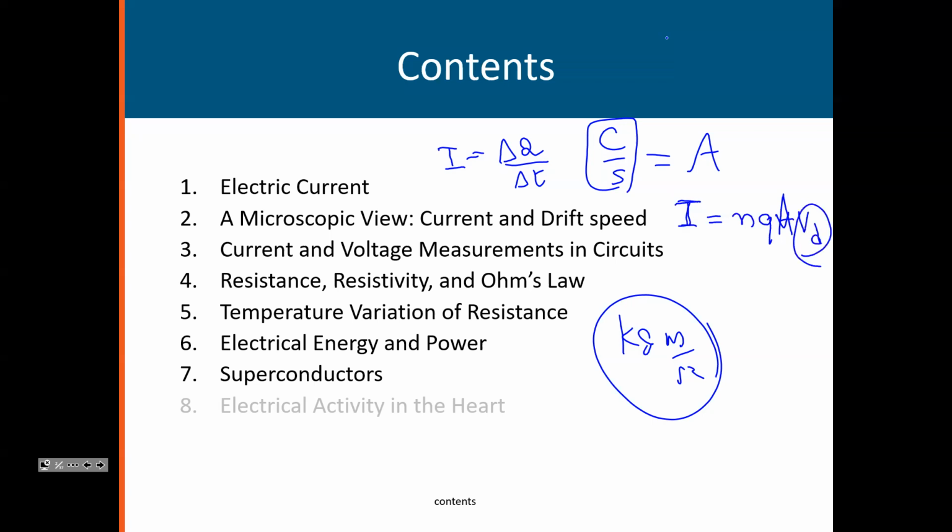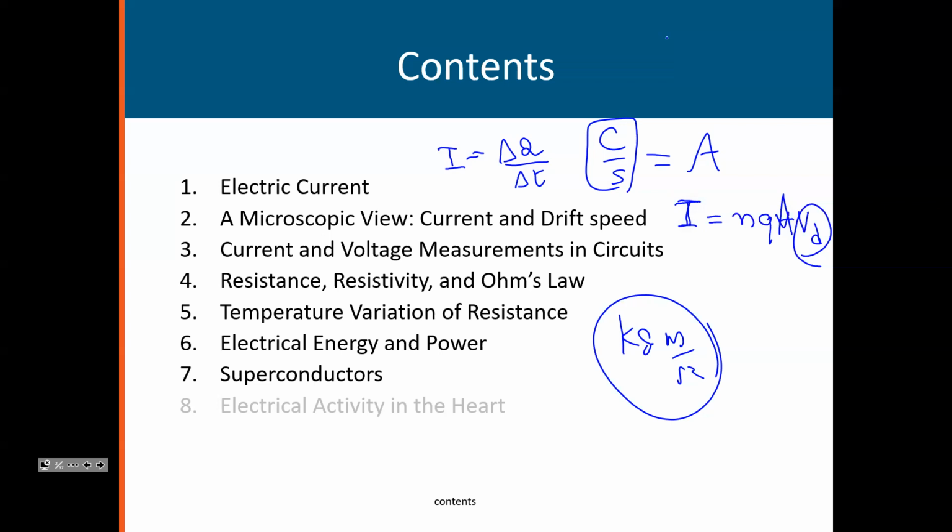The charge carriers in a conductor, like a copper wire, are electrons, and the current is due to the motion of these electrons. The speed of the charge carrier we call Vd, the drift speed, and the current is related to it.